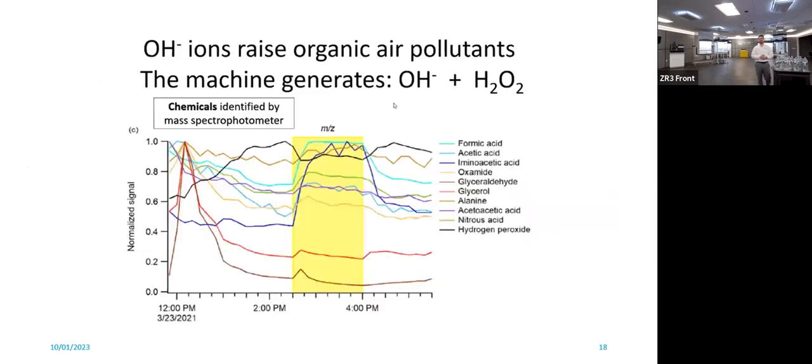Citation from ACS, and you will all be provided this presentation afterwards. And this just shows some additional data of the spikes in concentration from things like formic acid, glycerol, amines, nitric acid. When those ions, negatively and positively charged ions, get switched on, we actually see a spike in this organic compound. And we release our own organic material, right?